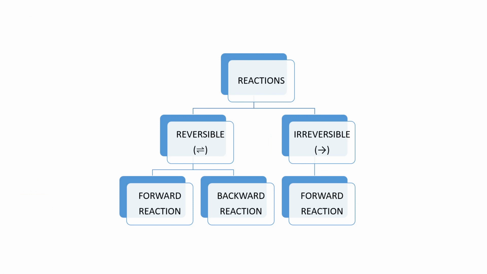Let's differentiate between forward and backward reactions. First, let's see what a forward reaction is. Here you can see that AB is dissociated and gives A+ and B-. Here you can see a half arrow indicating a forward reaction.